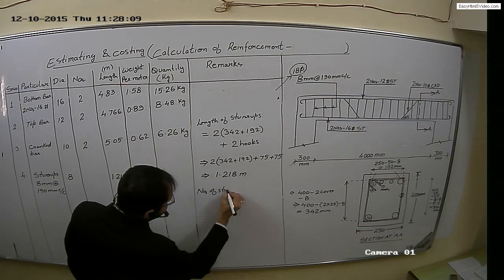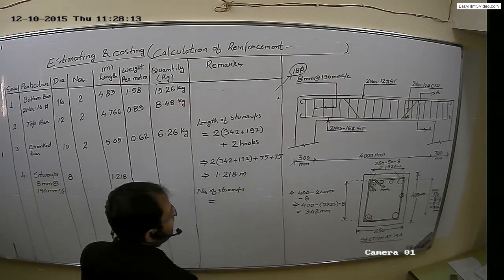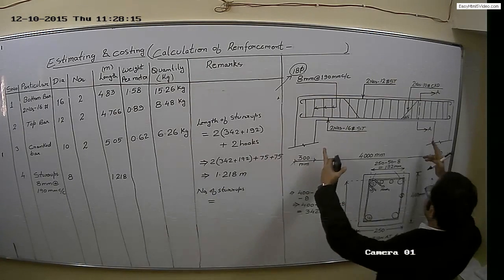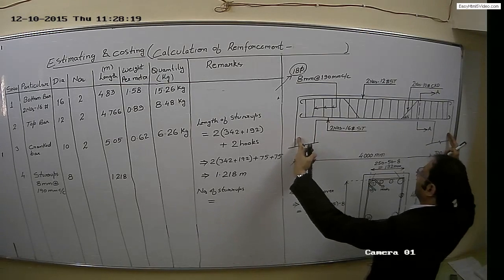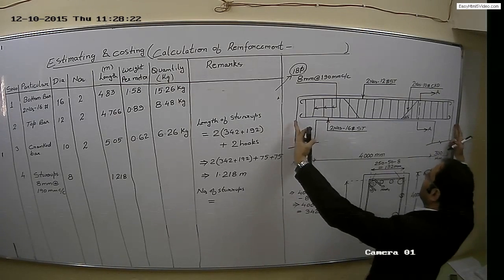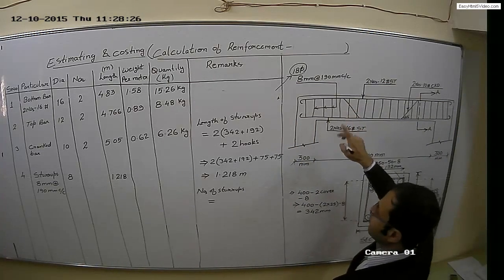Now the number of stirrups can be calculated. Number of stirrups will be the total length of the beam, which is 4 meter plus 0.3 meter plus 0.3 meter, or we can say 4.6 meter outer to outer, minus 2 covers, divided by the spacing, plus 1.